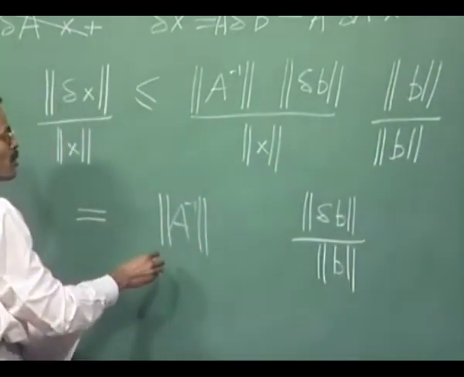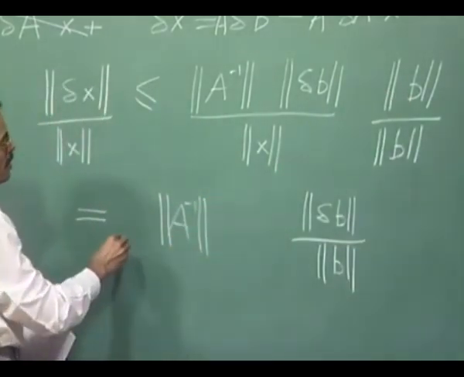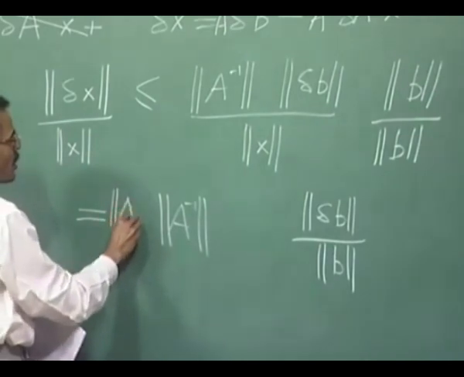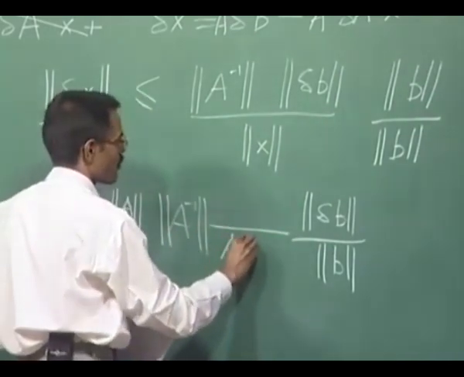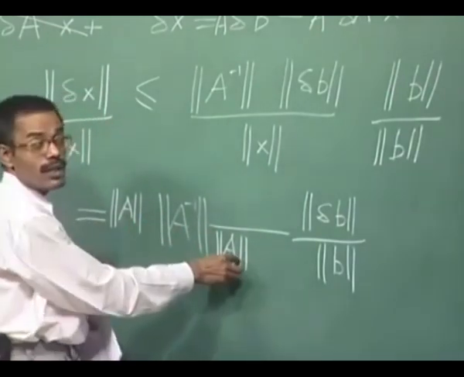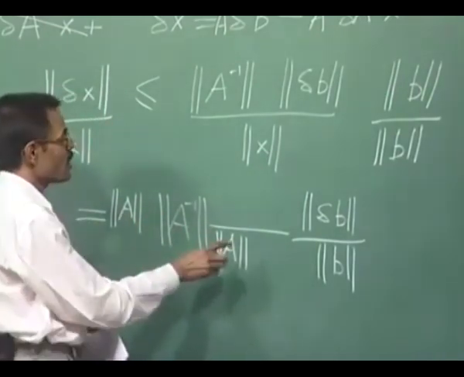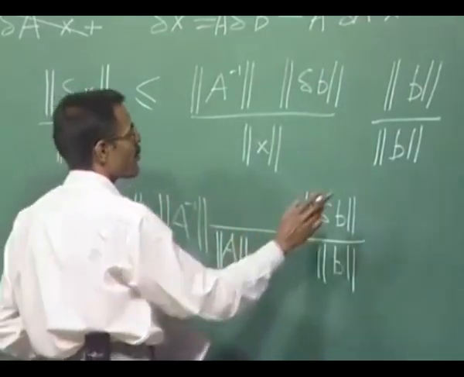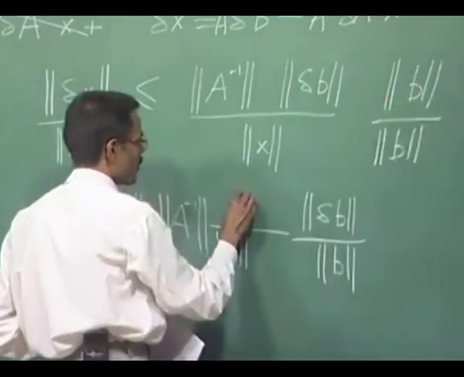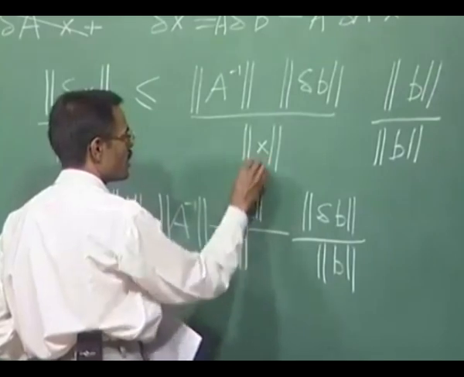What we do is that we multiply with this and we also divide by that. This multiplication and division has taken care of each other, and the rest of the two terms we supply back: this norm of b here and this norm of x here.